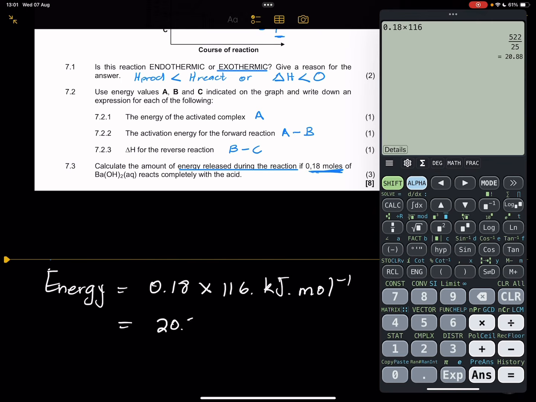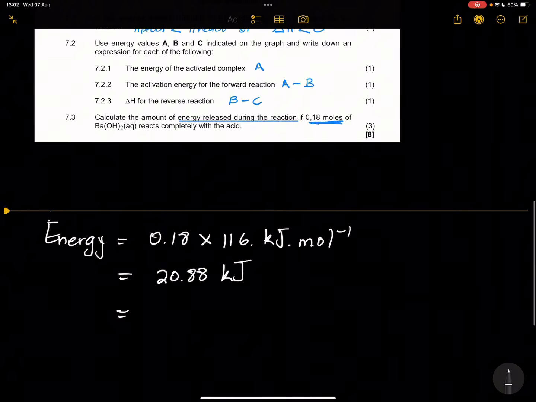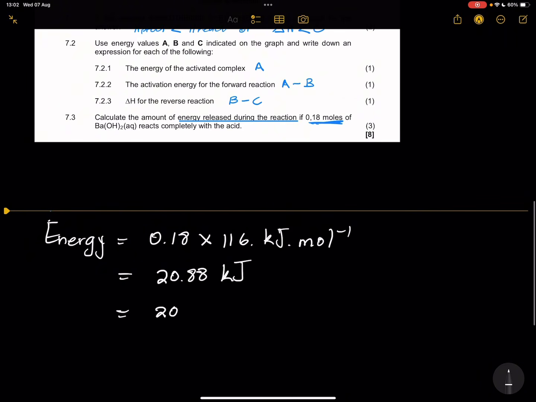Otherwise, you can also have that in joules, so that would be 20,880 joules. All right, so that would be 20.88 kilojoules.